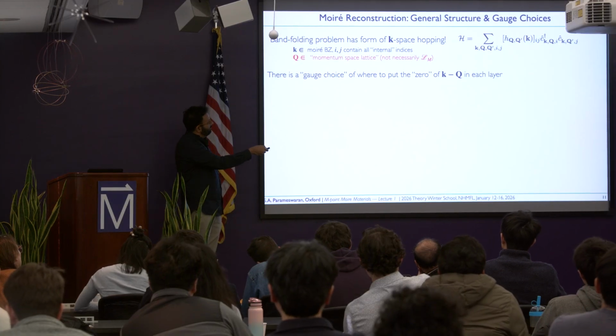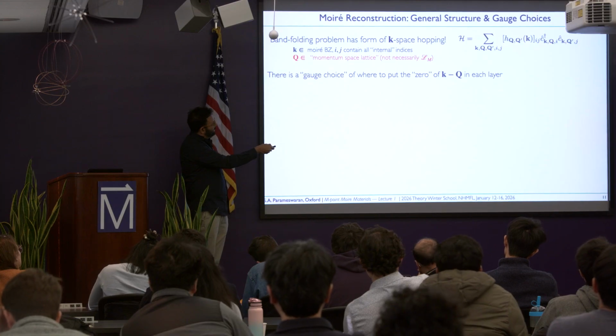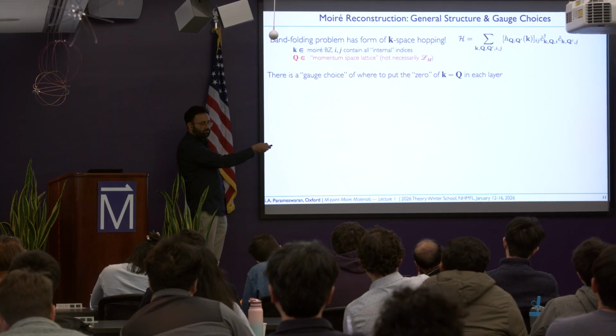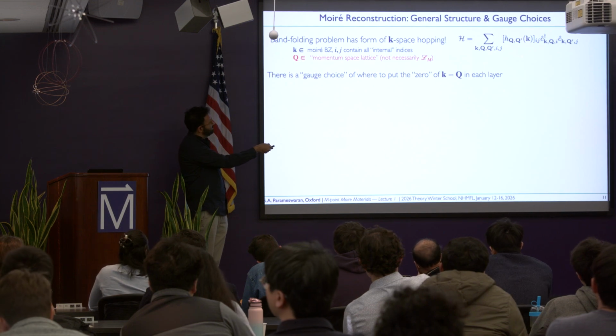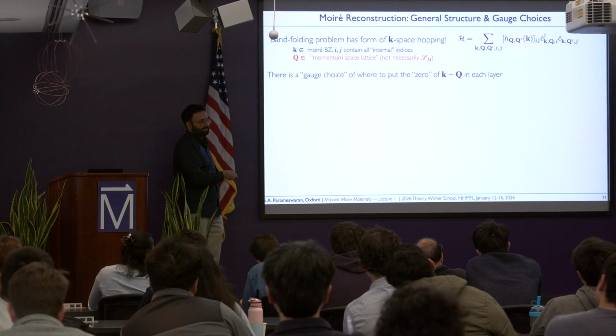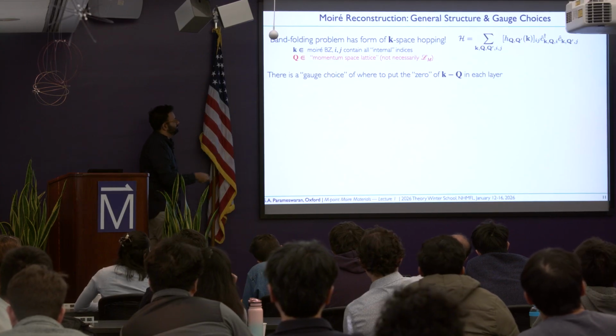But then when I take my original problem and fold it back, I can take any K twiddle and write it as some combination of K and Q. And that allows me to label all states. But then the Hamiltonian will now be off-diagonal in this reciprocal index. So this Q and Q prime are points that live in a momentum space lattice.